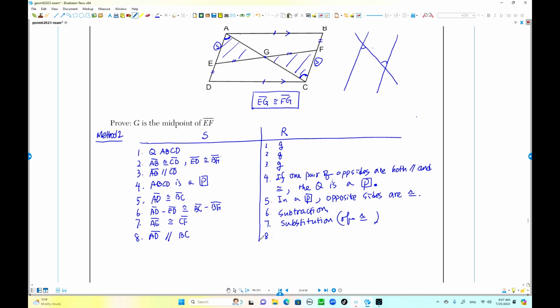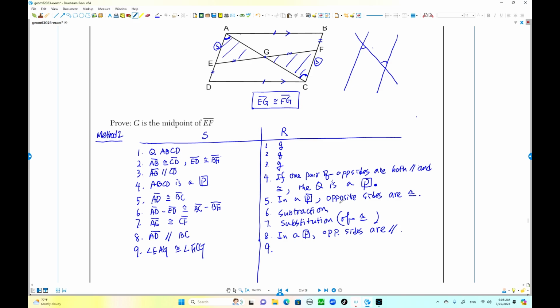The reason is in a parallelogram, opposite sides are parallel. Then angle EAG must be congruent to angle FCG.